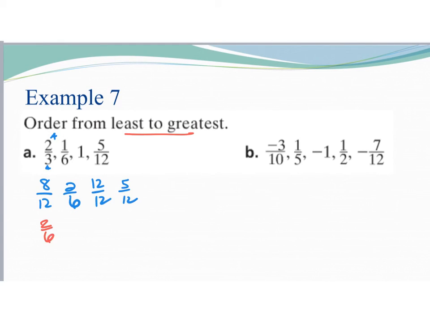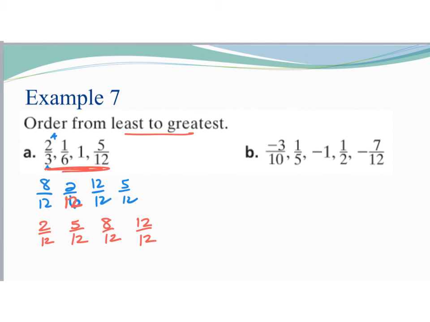So this really gives me 2/12, then I have 5/12, 8/12, and 12/12.